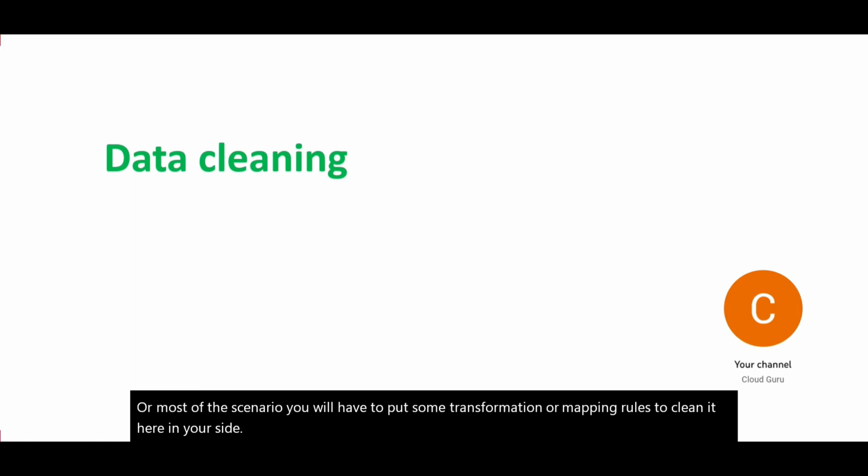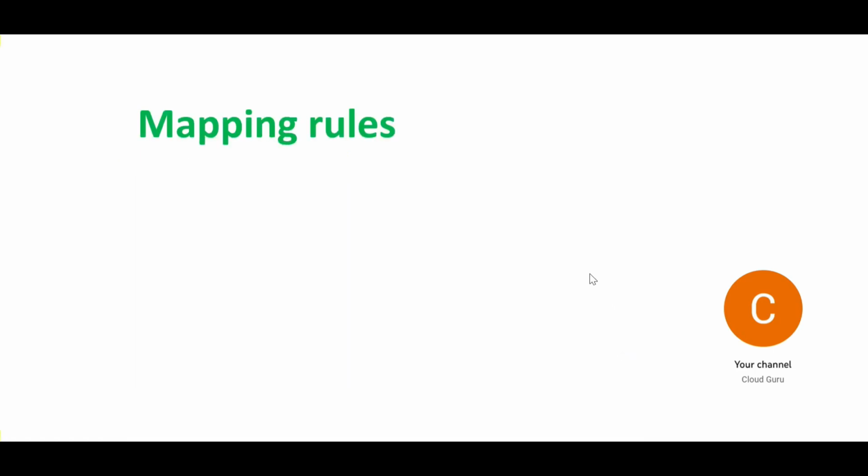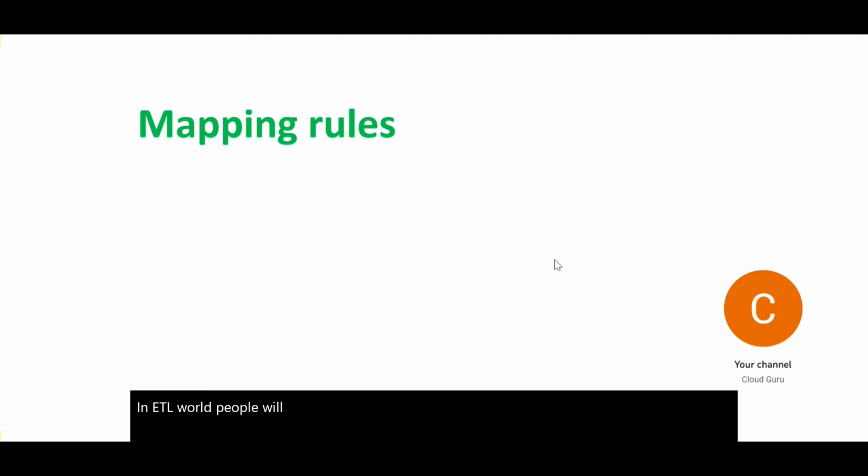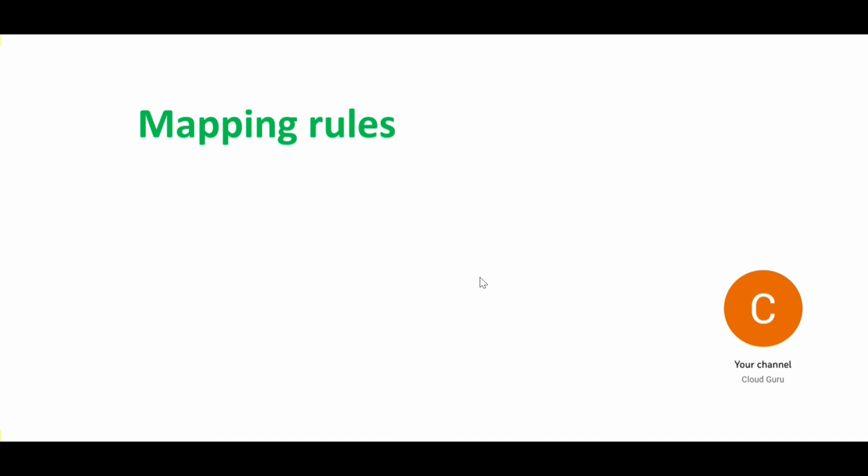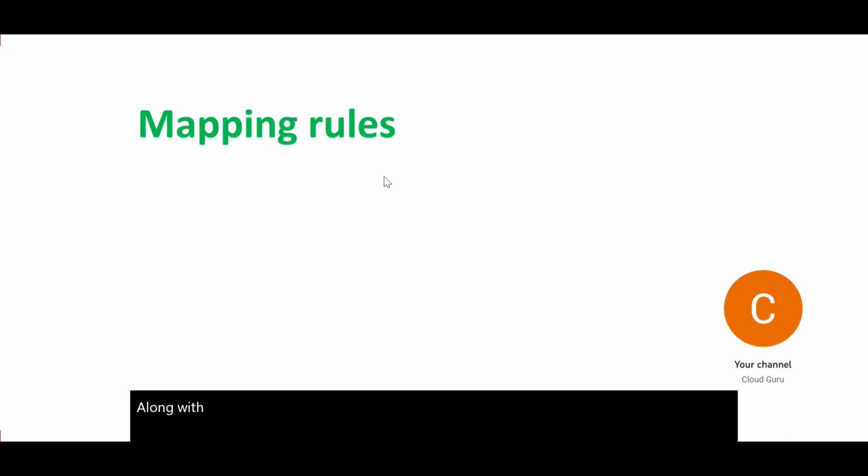That is data cleaning. Now in the ETL world, people will talk about mapping rules. It is just one Excel sheet where you will say this source file field will map to this target file field. Along with the mapping, like file to table mapping or table to table mapping, we will also have to do transformation in certain cases.